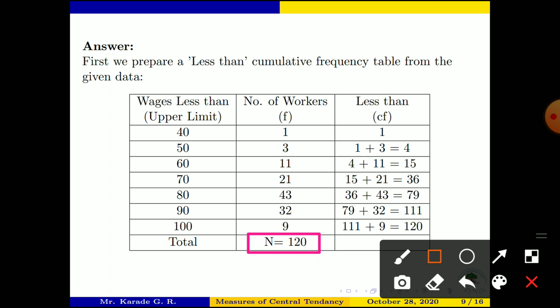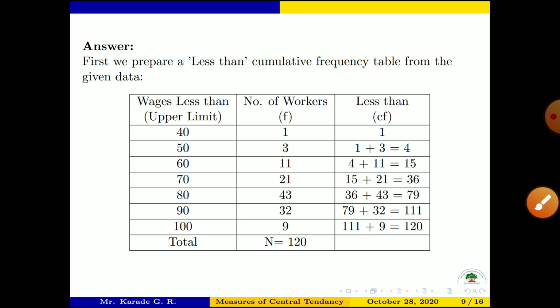So N is the total number of observations in the given data. Okay, now N is nothing but the addition of all frequencies. So in this way we prepare a cumulative frequency table of less than type. Okay, that is very important.